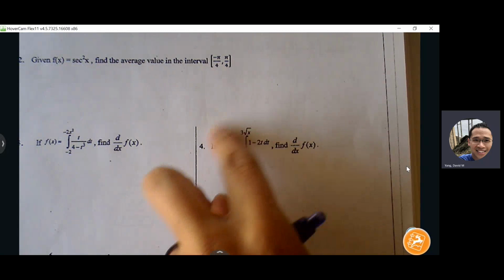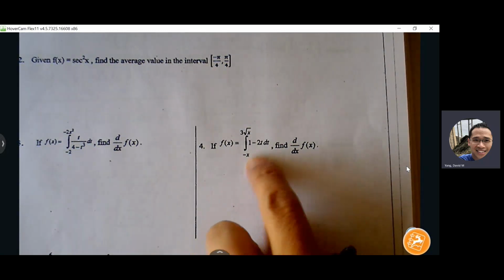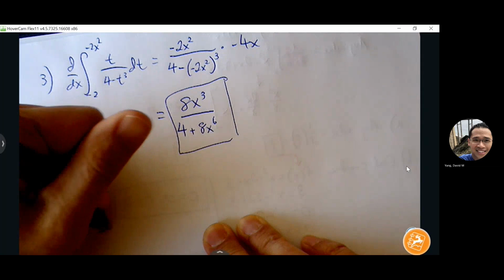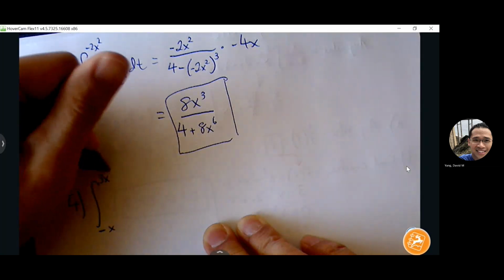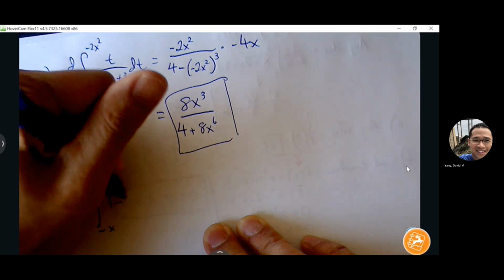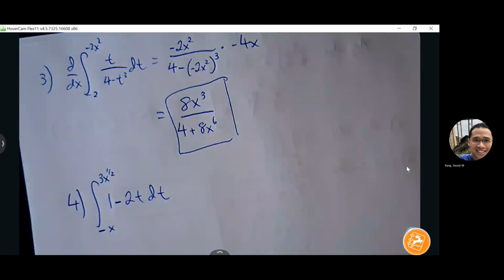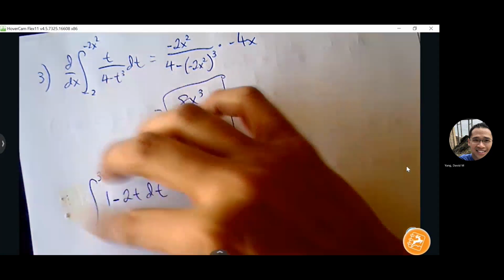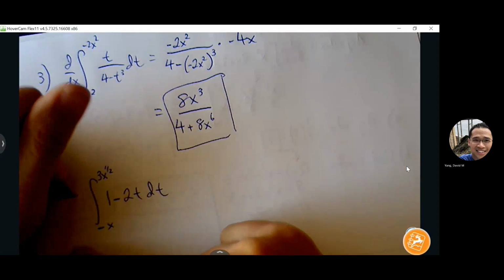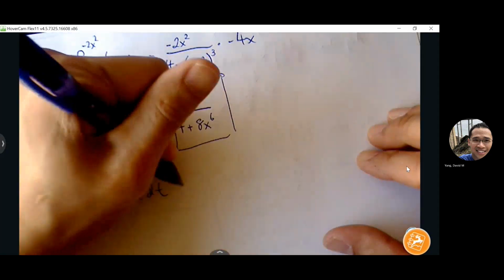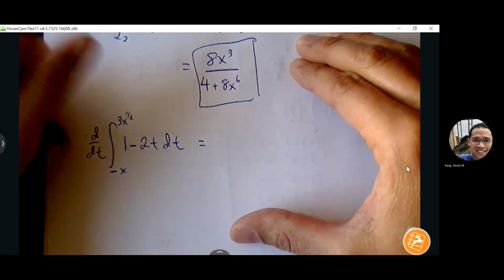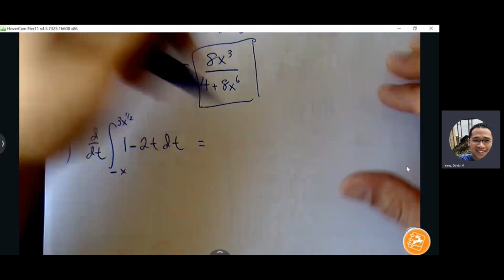So upper bound, we do the same thing that we did here, minus, and we do the same thing with the lower bound. Upper bound into the function here.